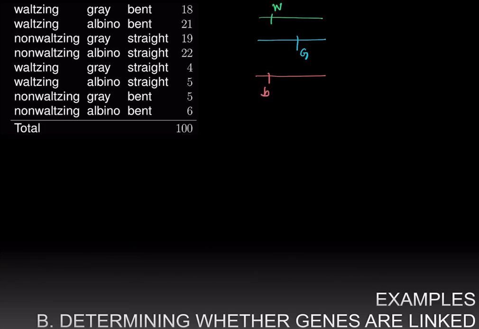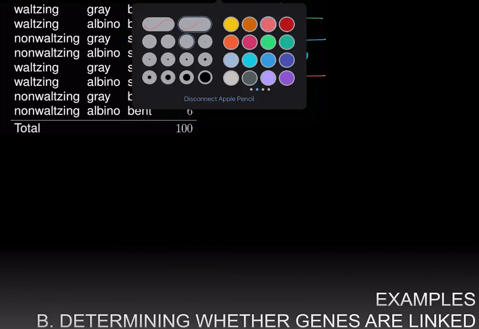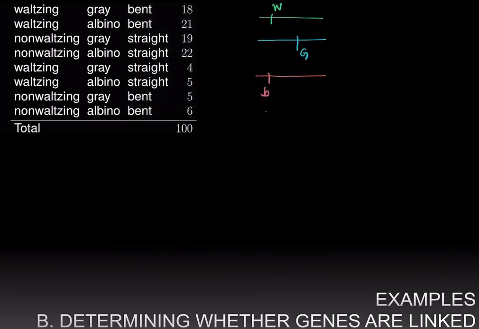If that is the case, then we expect by Mendel's law of independent assortment a 1 is to 1 is to 1 is to 1 is to 1 is to 1 is to 1 is to 1, 8 classes in all. We expect a 1/8 frequency for all the combinations of phenotypes.